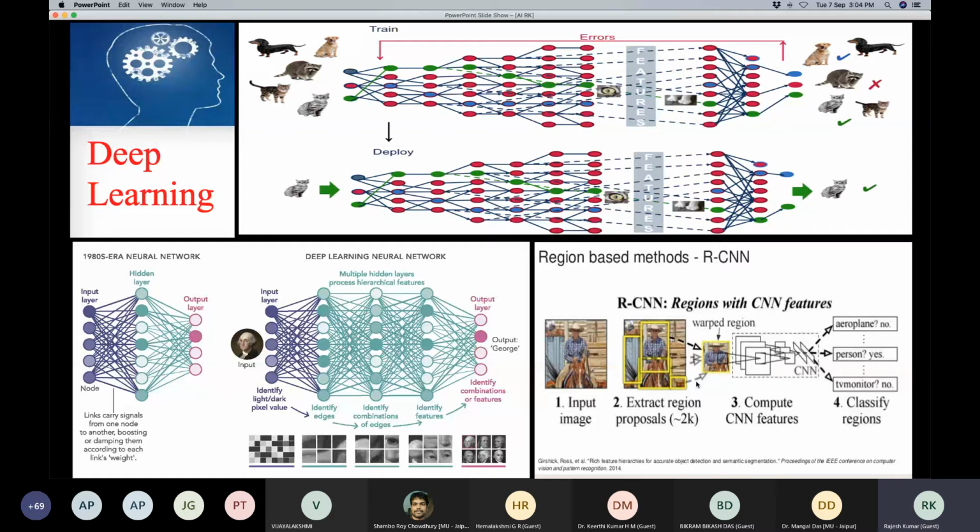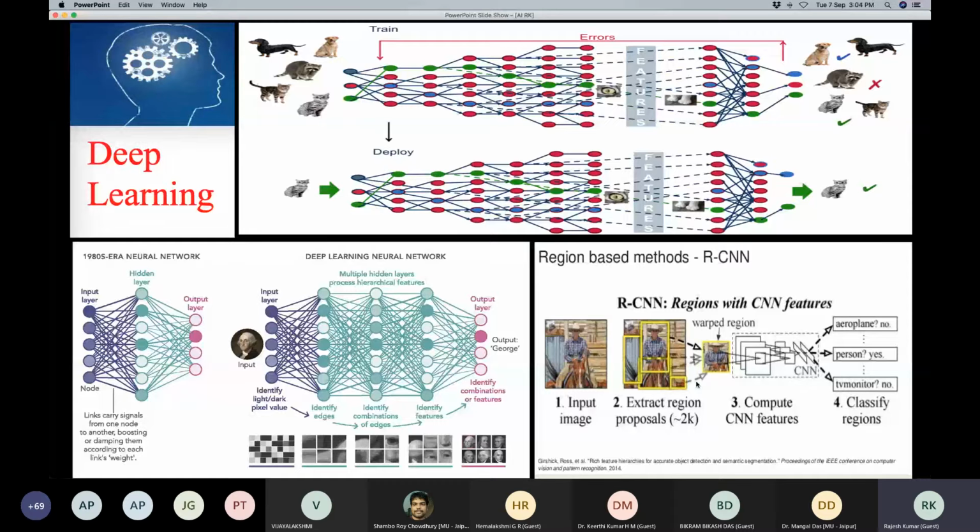If it is different from the known output, there is an error, and we try to minimize the error by changing the weights. Basically, weights are the connections between the neurons. So we update our weights in such a way that we can exactly map input-output patterns. That is exactly what we do in neural networks.